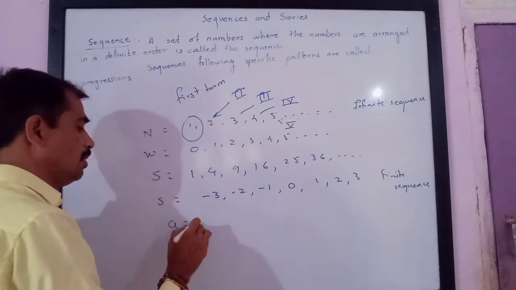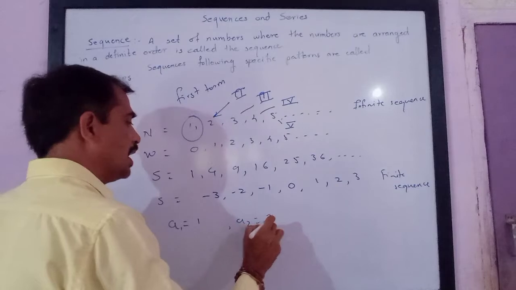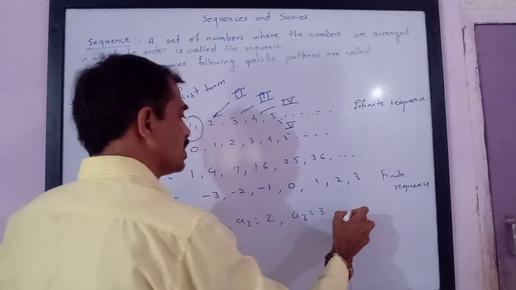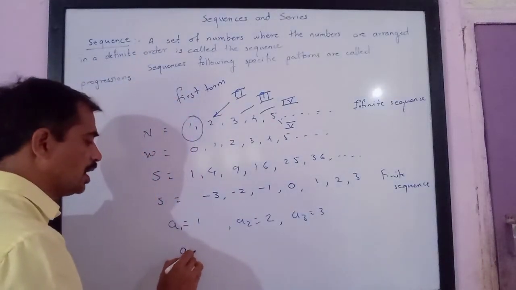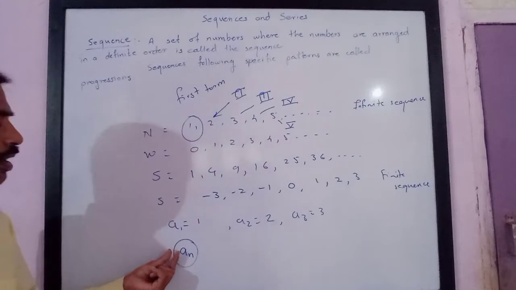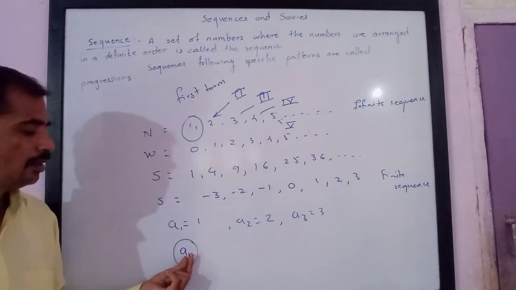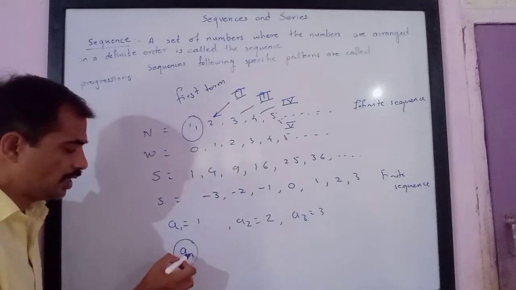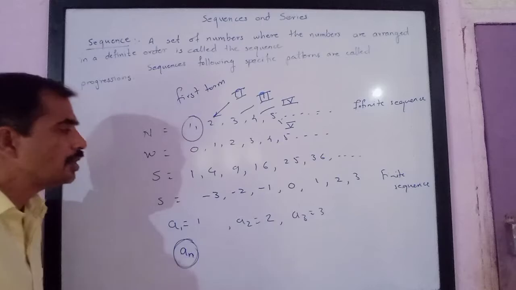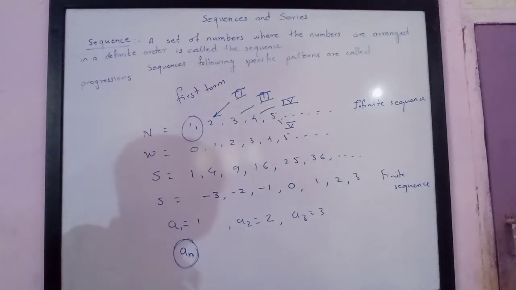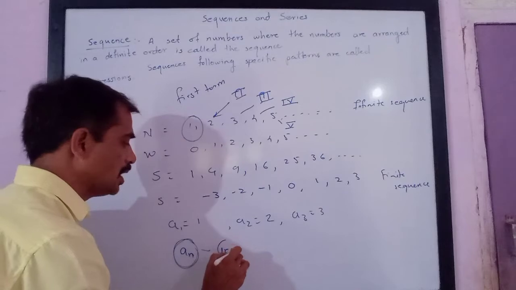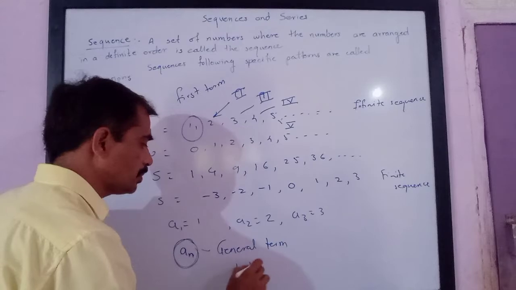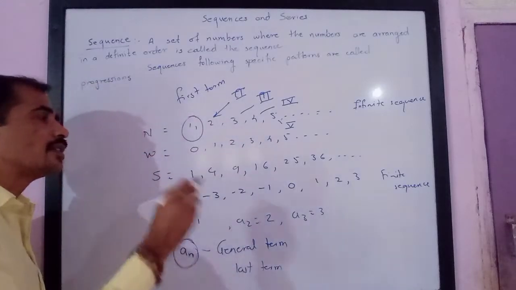A1 means first term, A2 means second term, A3 means third term, and the last term or general term is indicated by A subscript n. So A n is called the general term, also called the last term in a sequence.